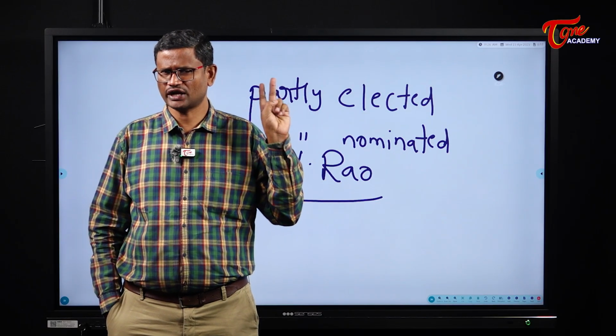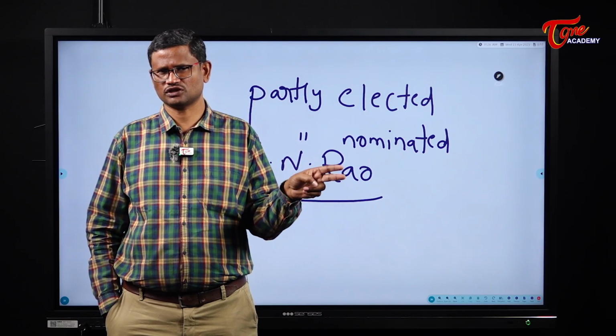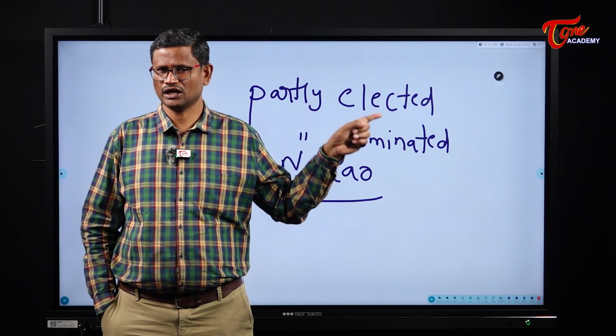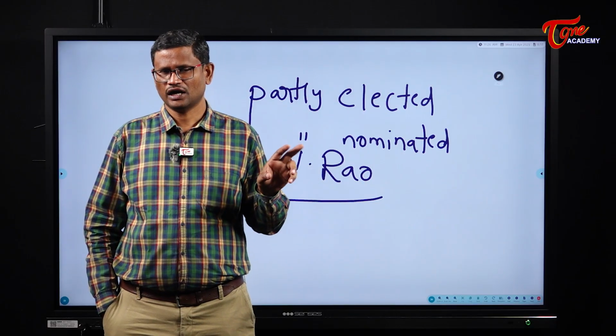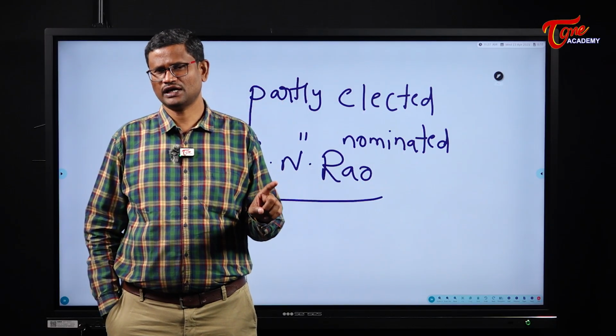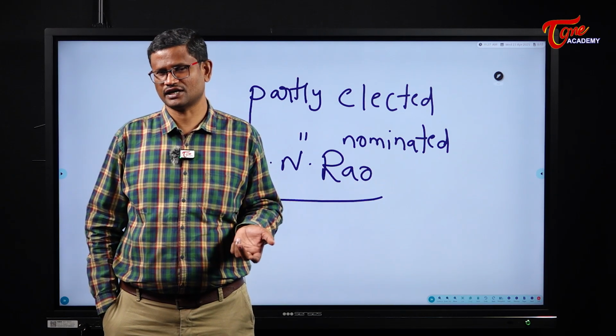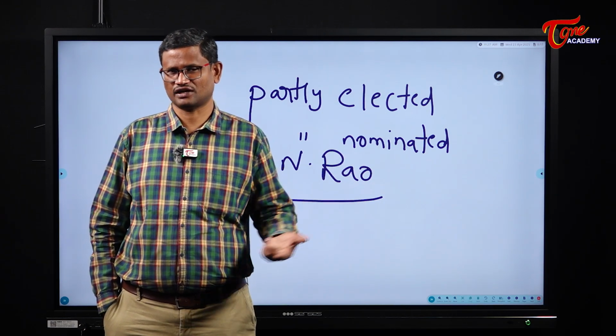So there were two drafts of the Constitution of India. The first draft was given by B.N. Rao, and a drafting committee headed by B.R. Ambedkar prepared the second draft on the basis of the first draft.